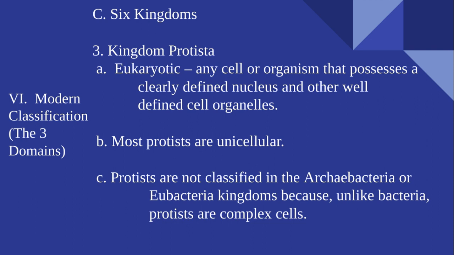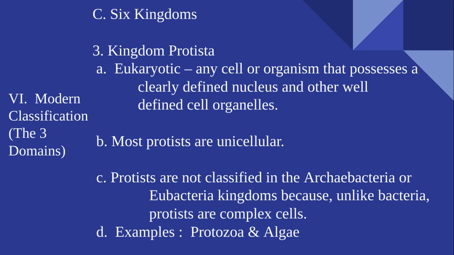Whereas archaea and eubacteria are considered to be simple, single cellular organisms, protists are, and can be in many cases, unicellular, but they have complex cellular structure. So that's the differentiation, the ability to be complex versus simplistic.